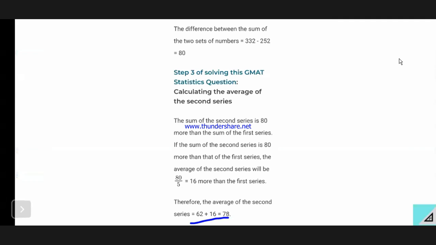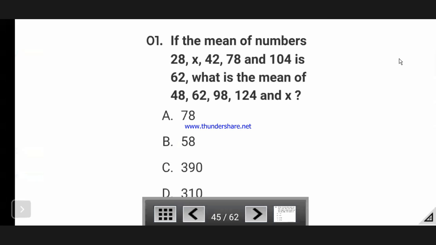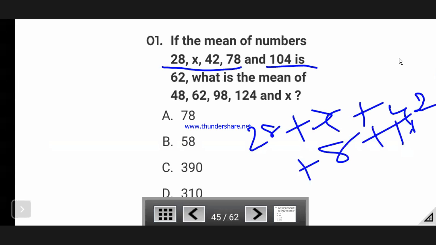First, we want to calculate the value of X. 28 plus X plus 42 plus 78 plus 104, divided by 4, is equal to 62.